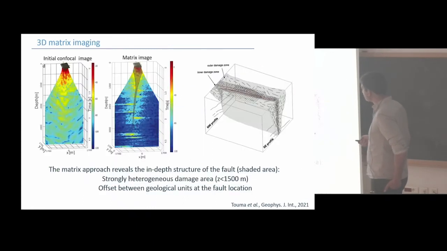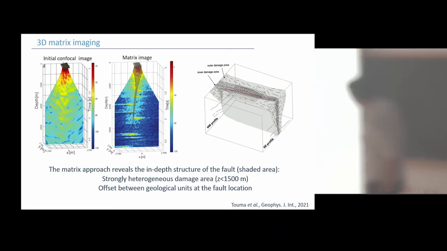Okay, so this is the kind of image that you can build by doing the same process at any depth. And this is the image that you obtain. Originally the image was very blurred. Okay, you can't see anything. Now, what you can see is a strong damage area here at the surface. And this damage area goes until 500 meters or 1,000 meters.